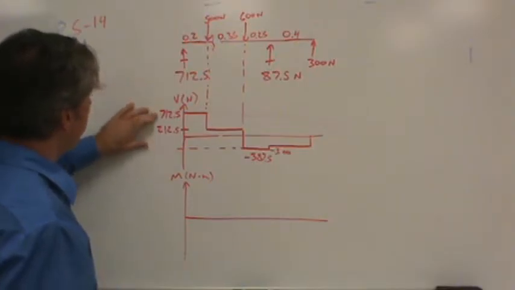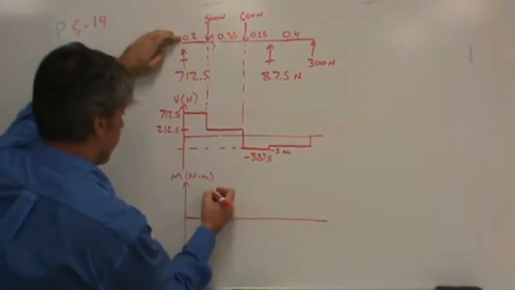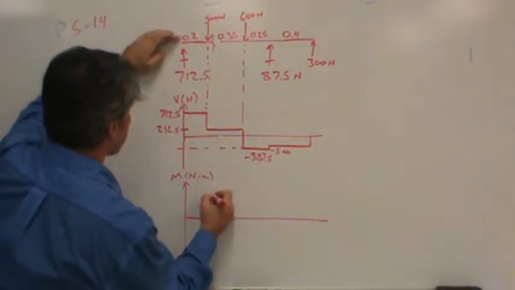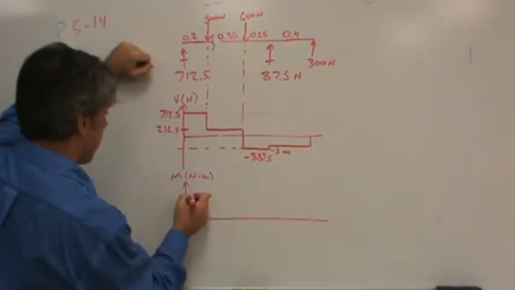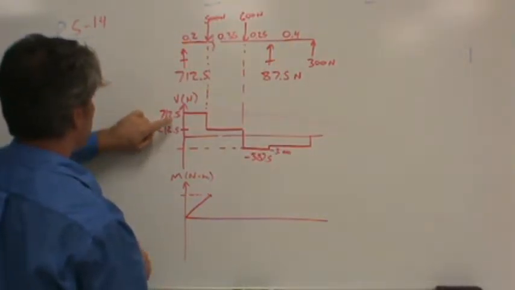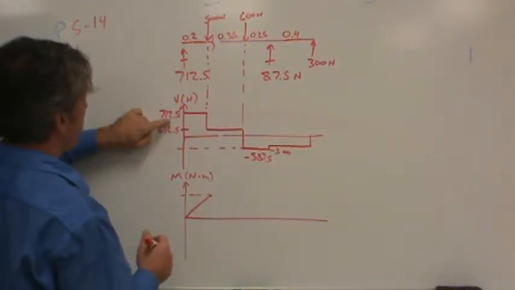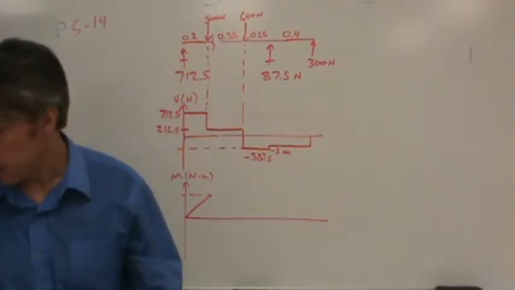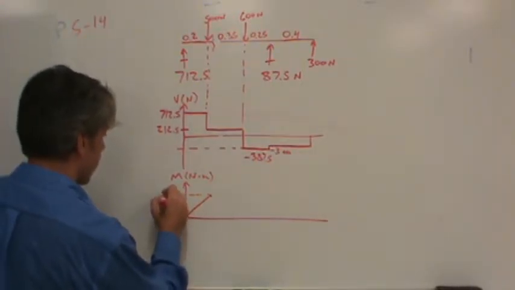So 712.5 times 20% will be where the moment ends up, at least for the first section up to the first load. So that magnitude, let's see, would be 71.25 times 2 is about 140. I better use my calculator. 142.5, thanks.